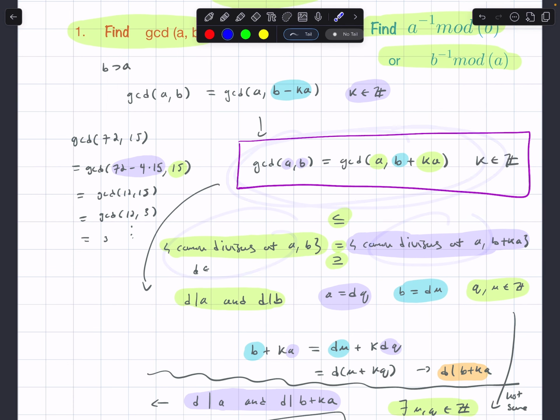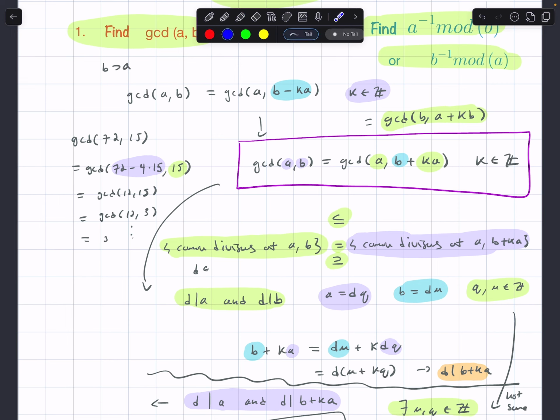The GCD of A and B is the same as the GCD of A and B plus K times A, and there's nothing special about adding multiples of A to B. You could prove it with the roles of A and B reversed and show that this is equal to the GCD of B and A plus K times B. You can add integer multiples of one of them to the other one and not change the GCD.